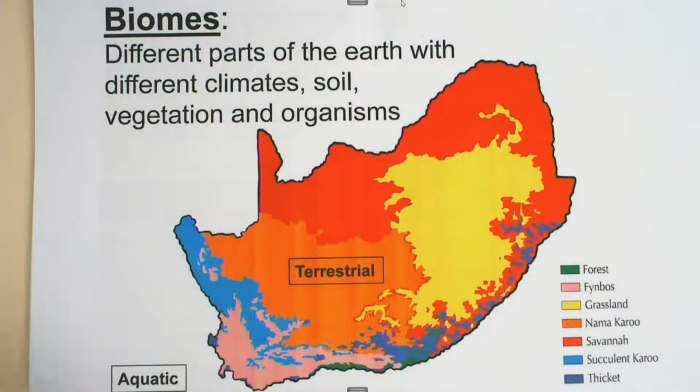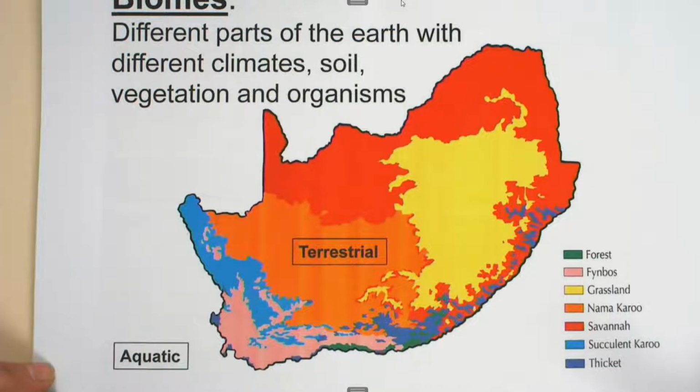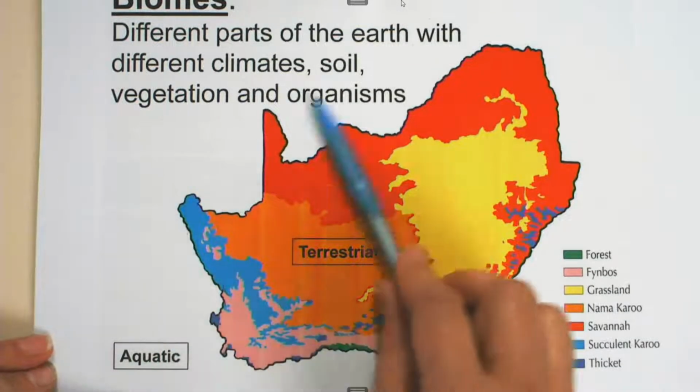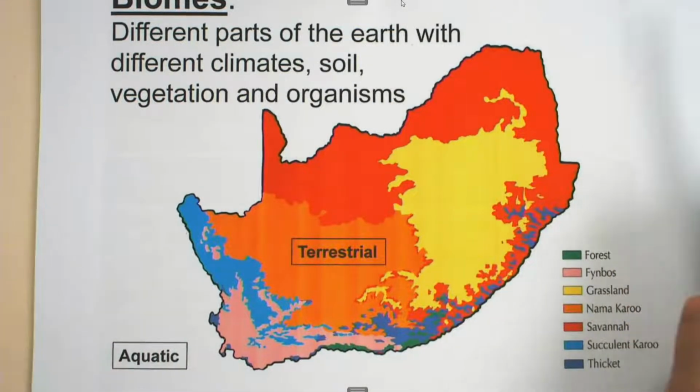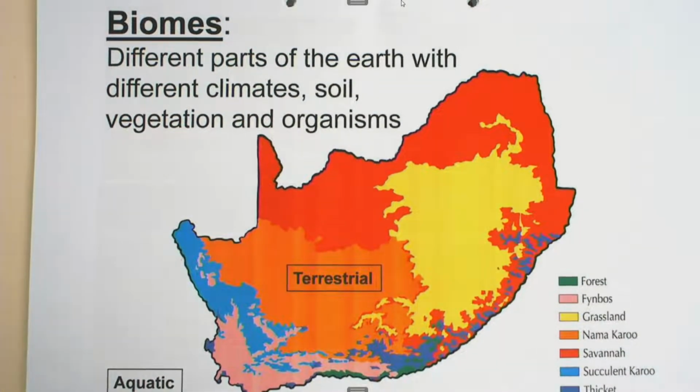Now, because we live in South Africa, I'm just interested in what is happening here at the moment. And you can see here's a nice colorful picture of the different biomes that we have. Now, the biomes, that's a specific area where the climate, the soil, the vegetation, and the organisms are grouped into that area because it represents certain characteristics that we will look at just now.